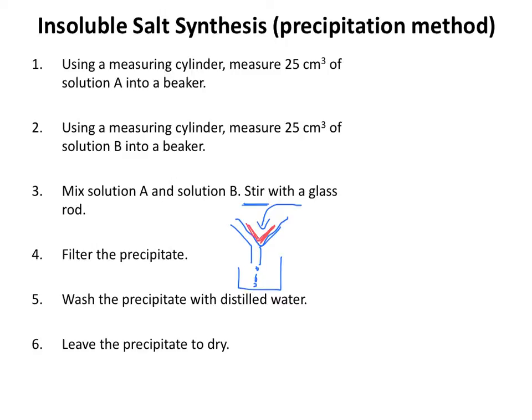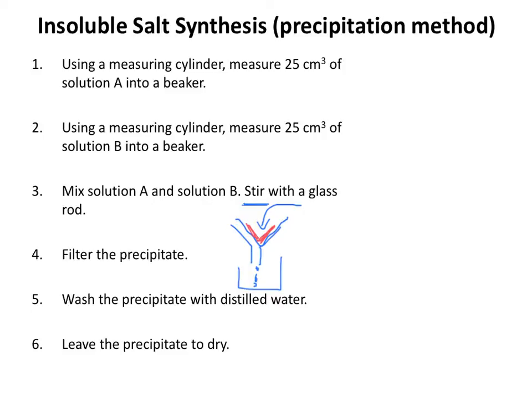Now, at this point you might think, oh brilliant, I've got my salt. But unfortunately, there will be residue of solution A and solution B sitting on the salt. So what we do is we wash the precipitate with distilled water.